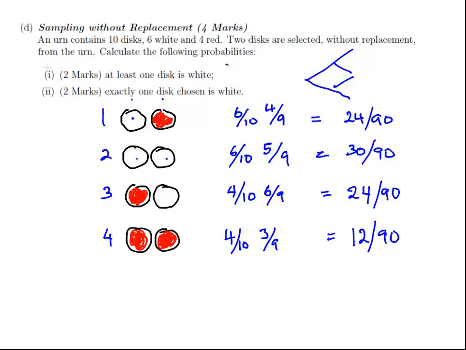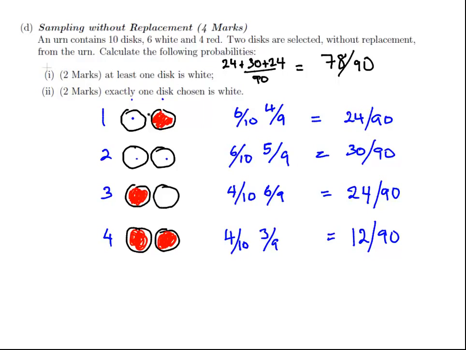So it's 24 plus 30 plus 24 over 90, and that gives us a probability of 78 out of 90. I'll just leave it as 78 out of 90. It's just a bit of simple calculator work now to express that as a decimal.